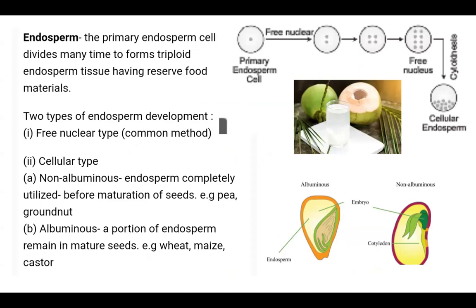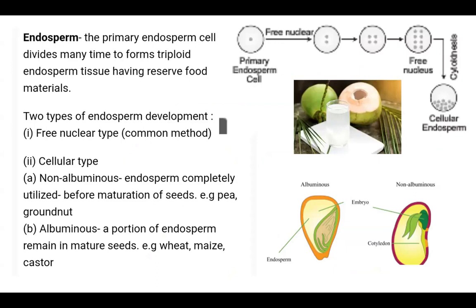We had a triple fusion between the polar nuclei and one of the sperm cells, the male gametes. From the primary endosperm cell, there is a mitotic division of the nucleus, and we get an ample number of free nuclei.